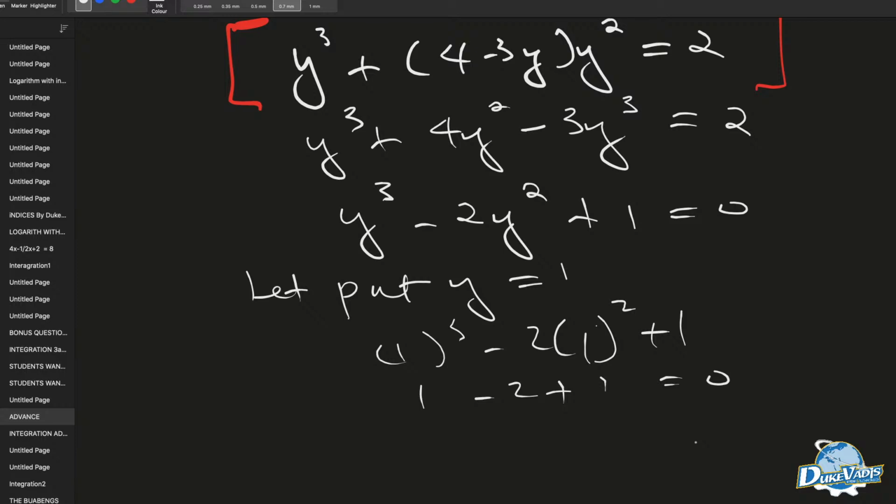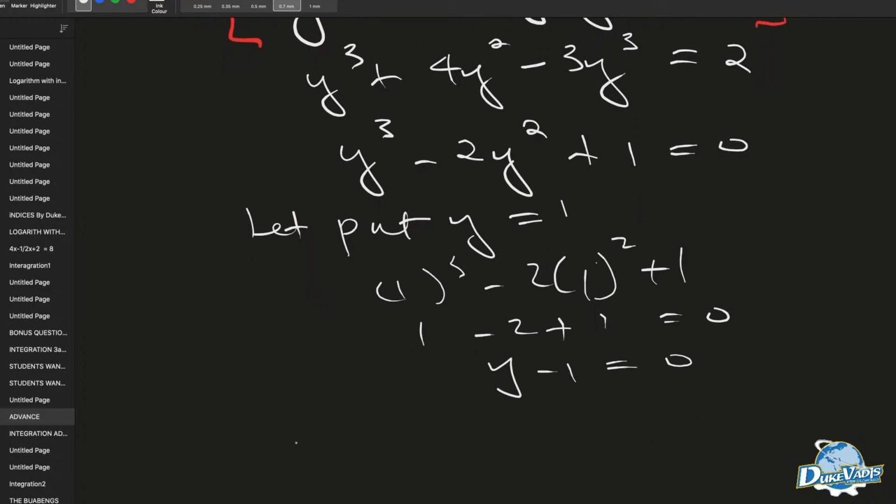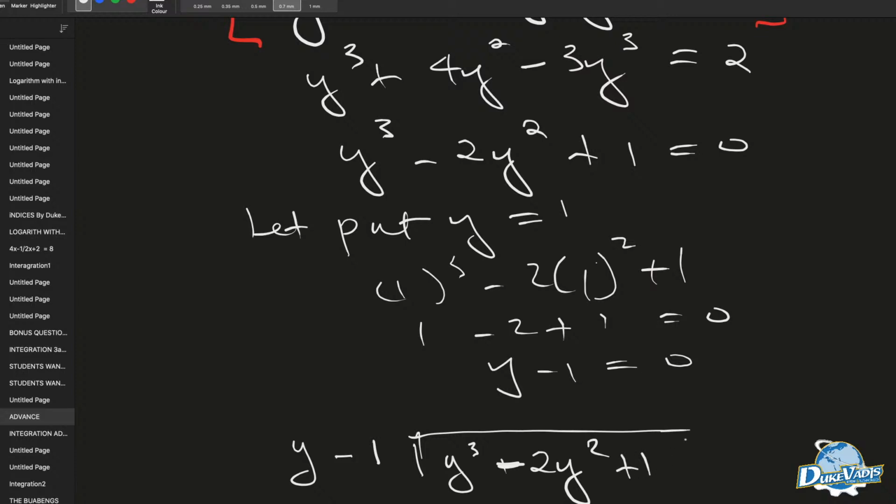If that is the case, then we say that y minus 1 is equal to 0. So this becomes our factor. So we say y minus 1 all into this. Our equation is y cubed minus 2y squared plus 1.